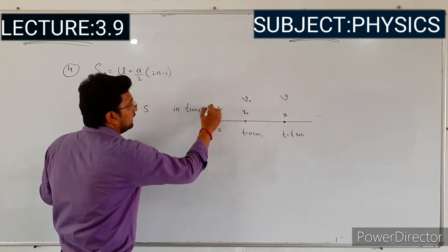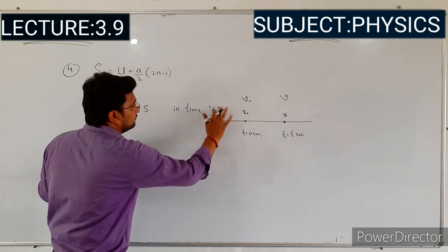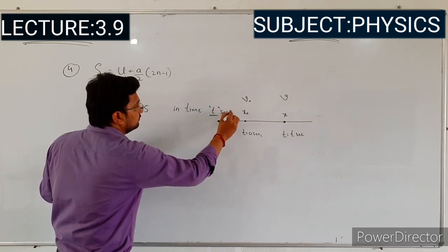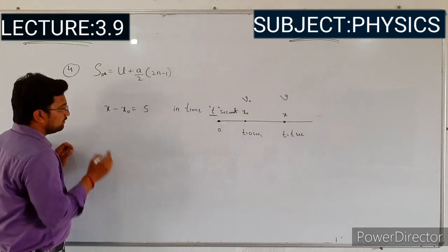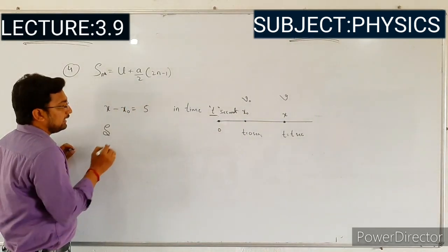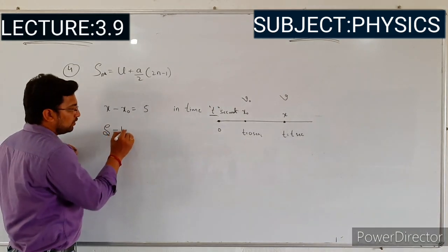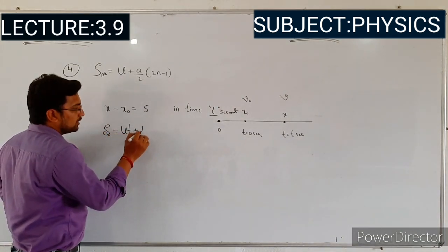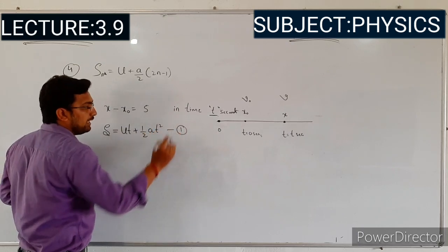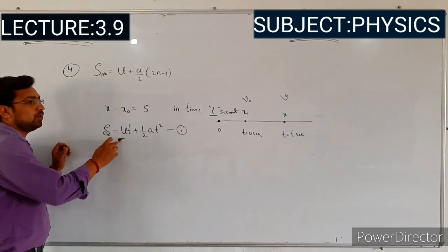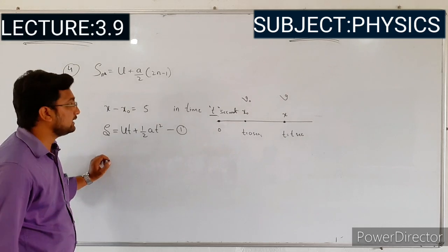Then the displacement of the particle in t seconds, s is equal to ut plus half at square. Already we know this relation.